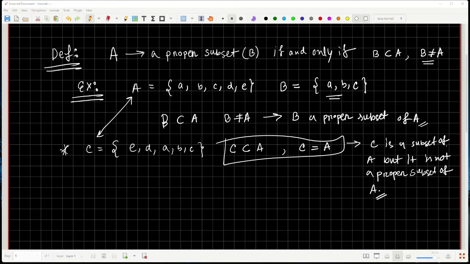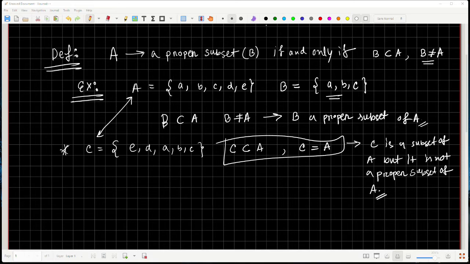So when you see that C is equal to A, you say that this is not a proper subset. The idea for a proper subset is that the set you are going to call a proper subset of something else has to be smaller. By small I mean the number of elements should be smaller than the original one.